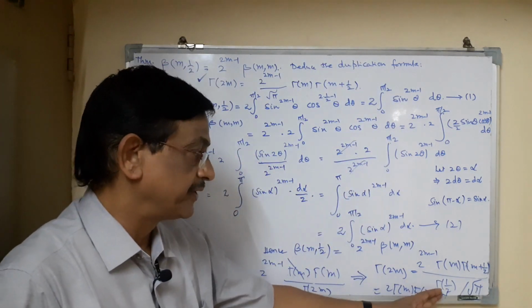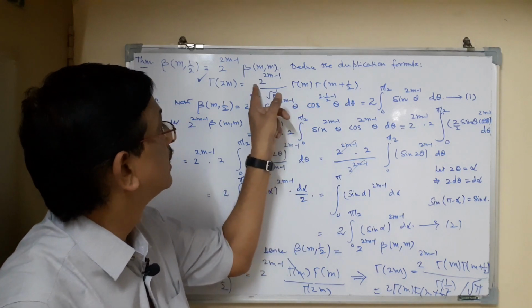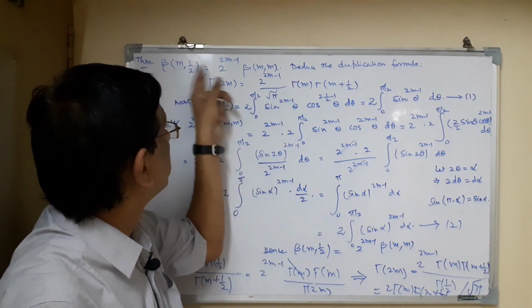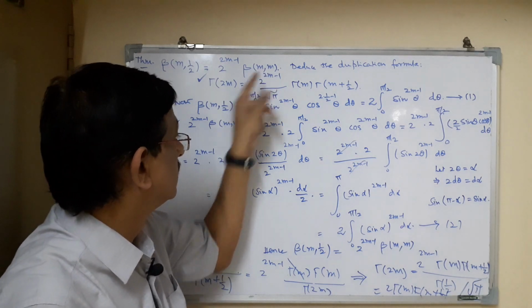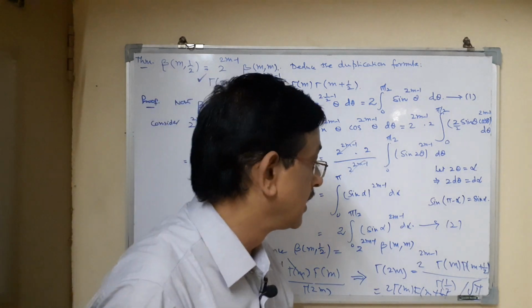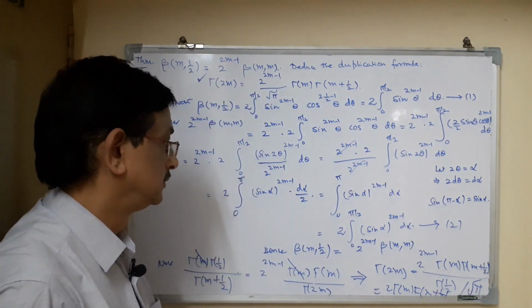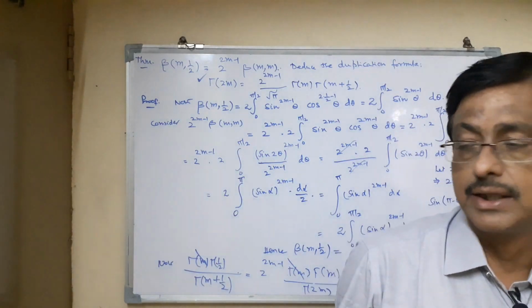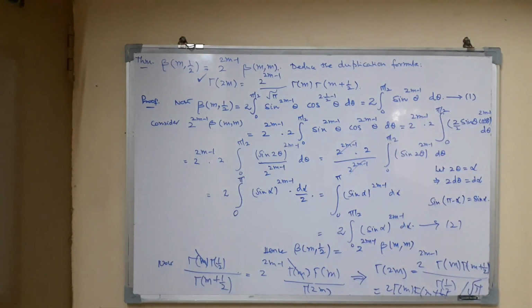Simply, gamma half is root pi. So I could get this deducing from this. If I put n equal to m in beta m n, I'll get a very useful one. Now I will evaluate a small problem using this.